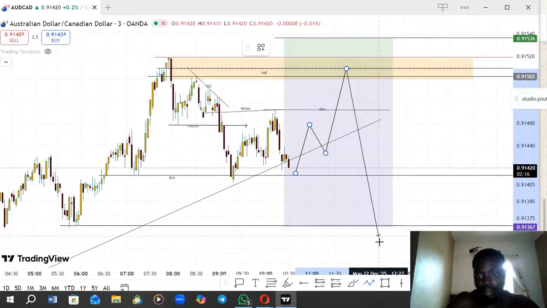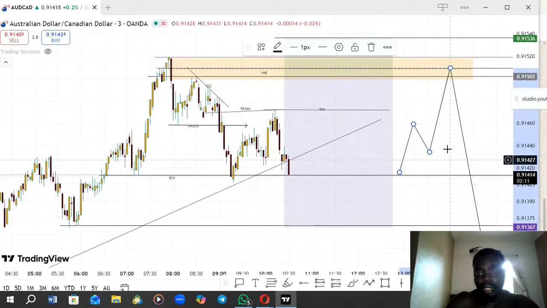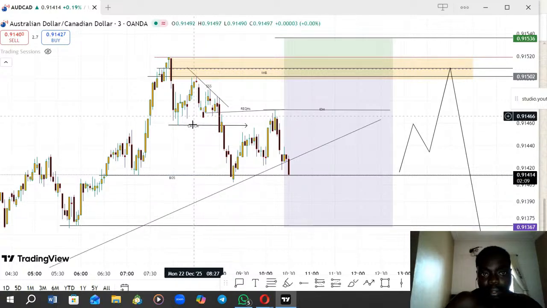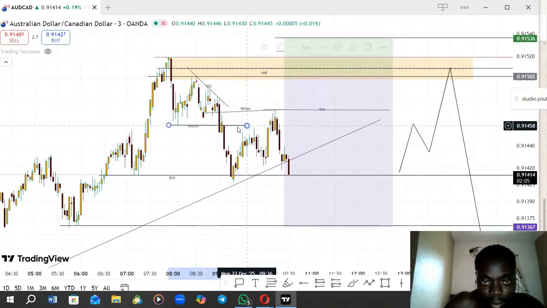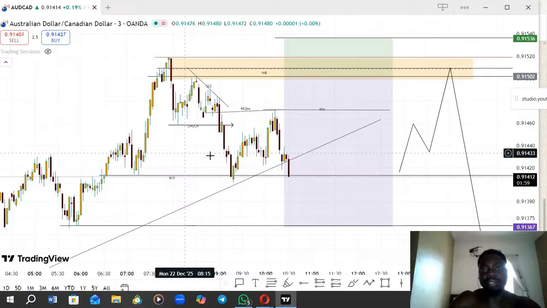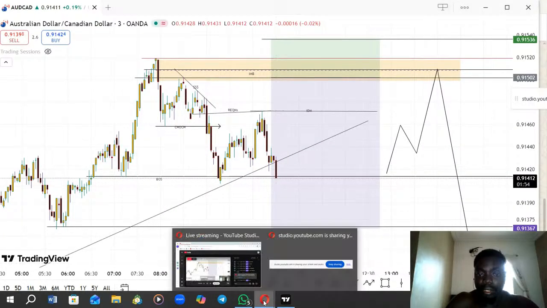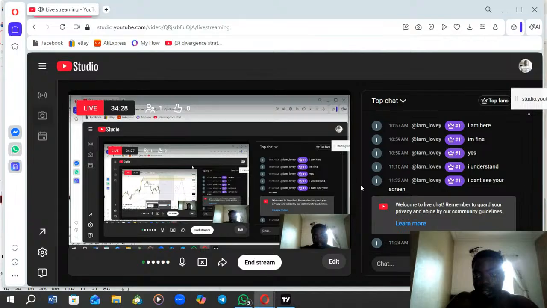That's what we are waiting for. Whatever is going on inside there is not your business. If price does not go back, no wahala, you cancel your order. But if price goes back there, it's straight to TP. It's as simple as that.